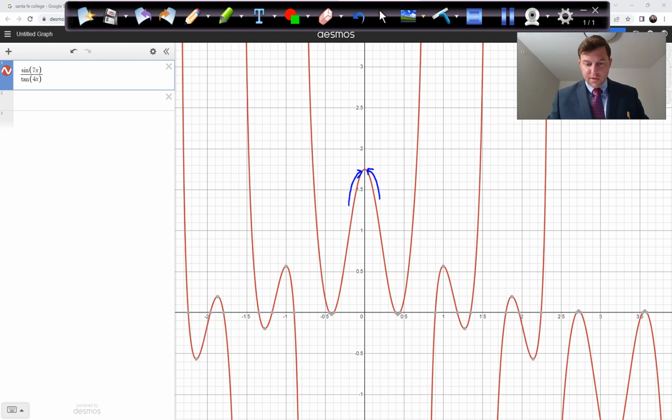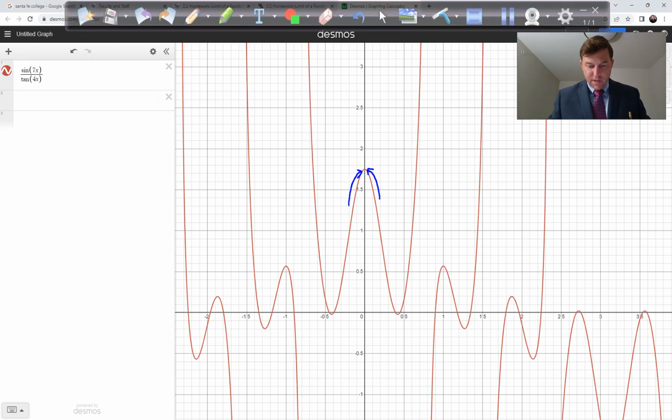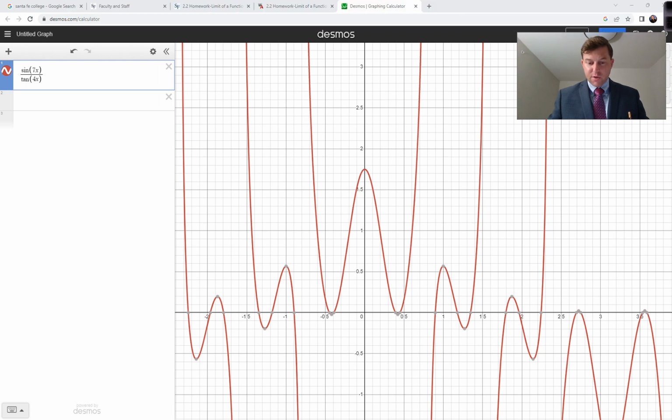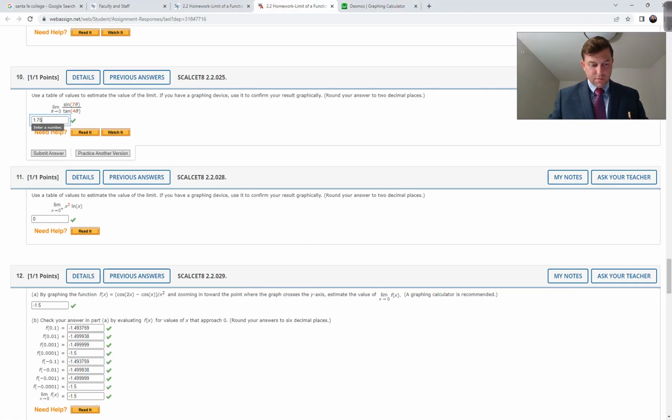On the left, it's approaching 1.748, 1.75. And from the right, it's approaching 1.75. So they're both approaching 1.75. So I would recommend you use decimals for that one. It's a lot faster. In fact, let's use decimals for 11.